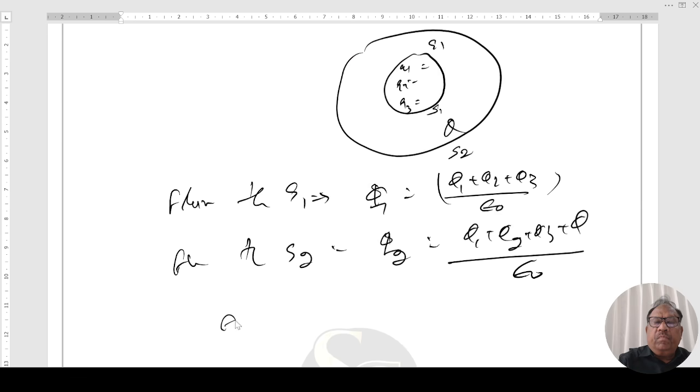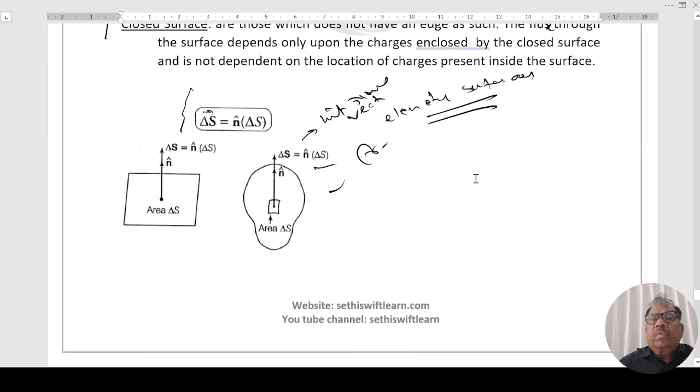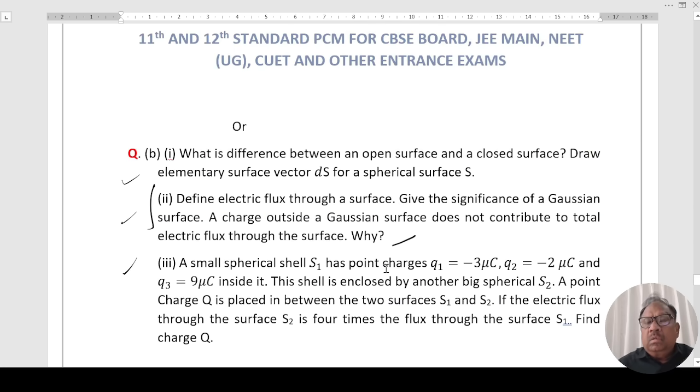According to the question given, the electric flux through the surface S2 is 4 times the flux through S1.